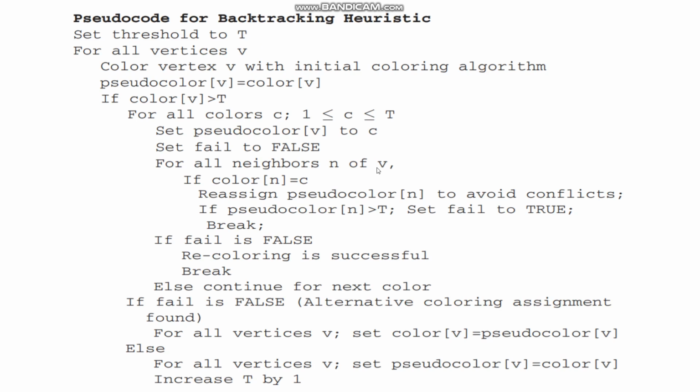This is what this heuristic does, and this is the pseudocode for it. But suppose there is no other possible reassignment, then we will have to increase our upper bound by 1. So this is the heuristic which brings down the chromatic number by a lot in practice.